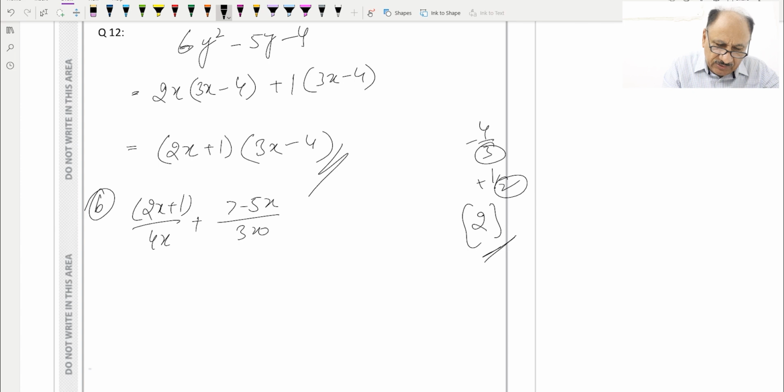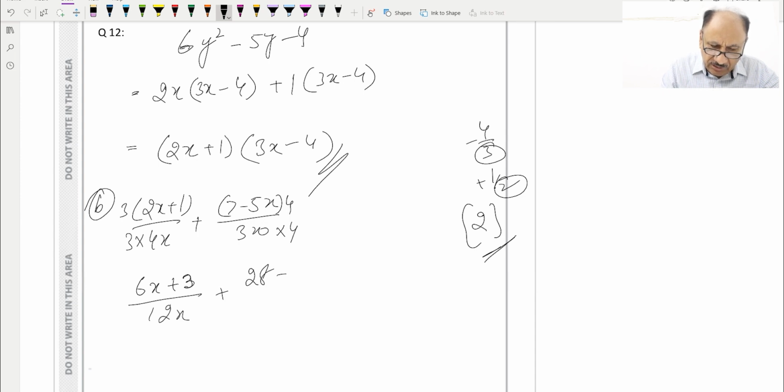To equalize the denominator, we need to multiply this side by 4 and this side by 3, so we can rewrite it as 6x plus 3 over 12x, and 28 minus 20x over 12x.